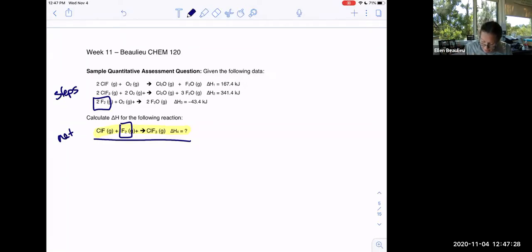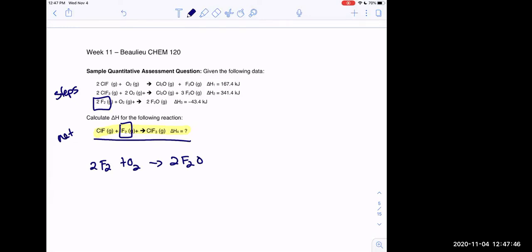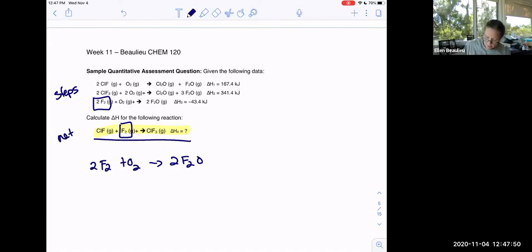So I'm going to take this reaction, F2 plus O2 yields 2F2O. Do I need all of those coefficients as written? Do I need this step to be in this order? Here's my net.